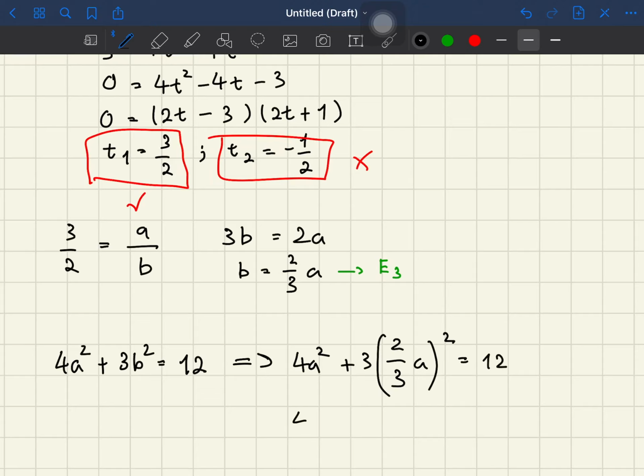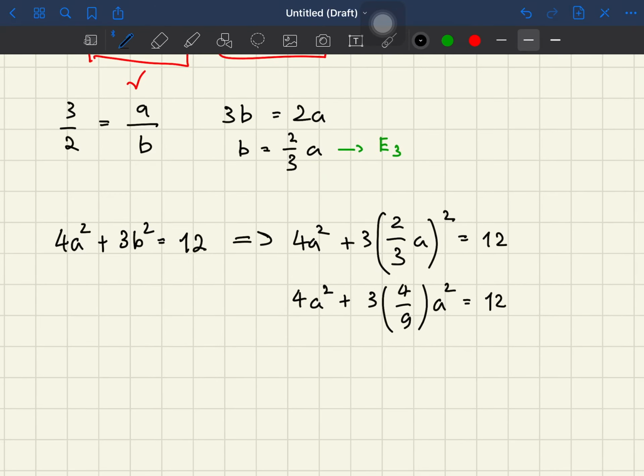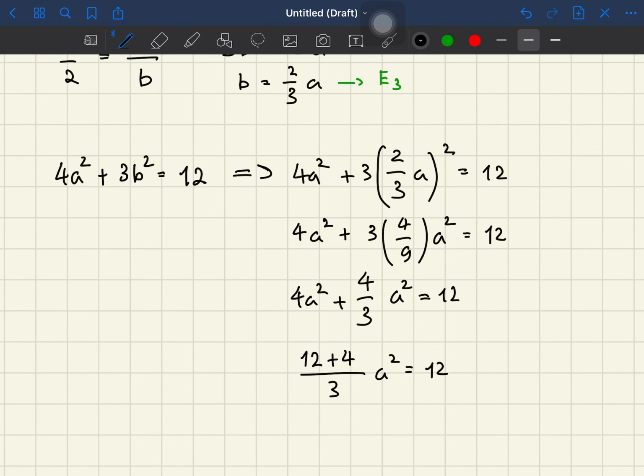And then when you calculate it, you will have 4/9 A squared equals 12. Then you will have 12/9, and then 4A squared here. So you will have here 4/3. Then you will have 12 plus 4, then over 3, A squared equals 12.